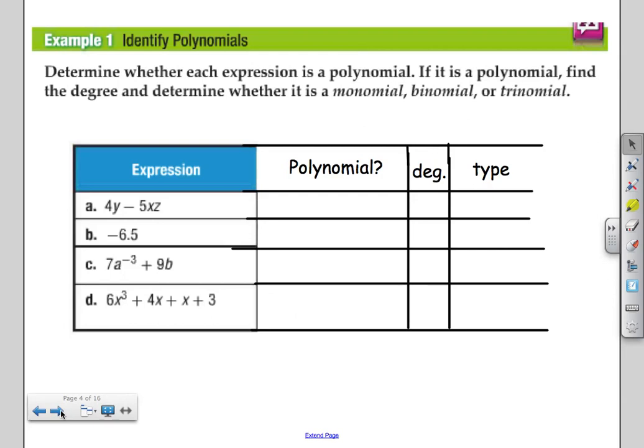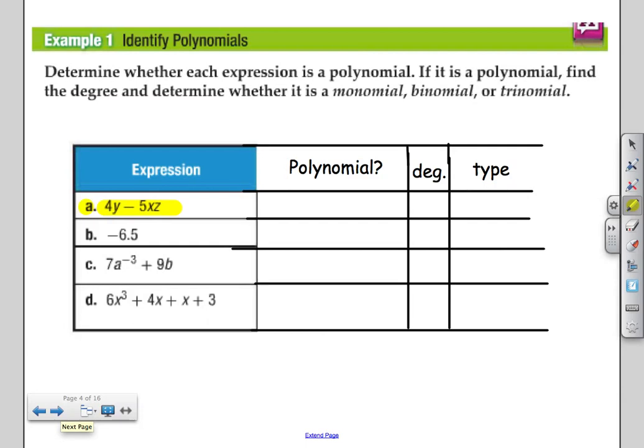Okay, so here's what we're going to do. We're going to look at this expression. We're going to determine if it's a monomial, a binomial, or a trinomial. And we're going to figure out the degree, and we're going to figure out the type. Okay, so in this first one, A, we have 4y minus 5xz. Is this a polynomial?